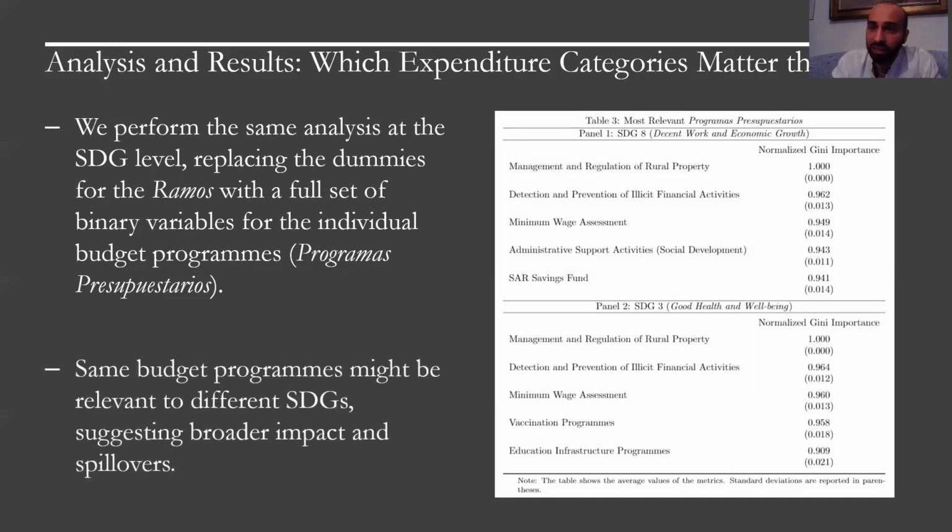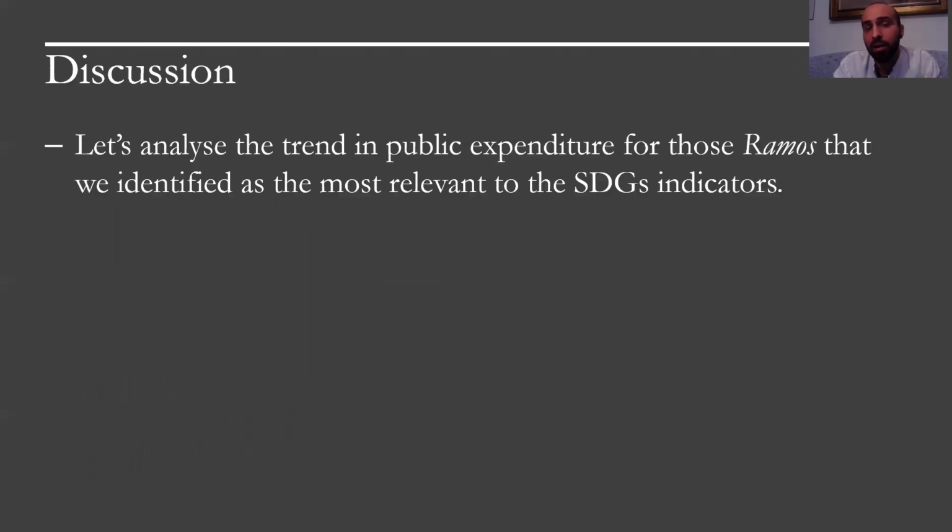It is interesting that when we move to the other SDG, the same 3 budget programs show up. And this might suggest that these programs have a broader impact than one would expect, with potential spillovers across different SDGs.